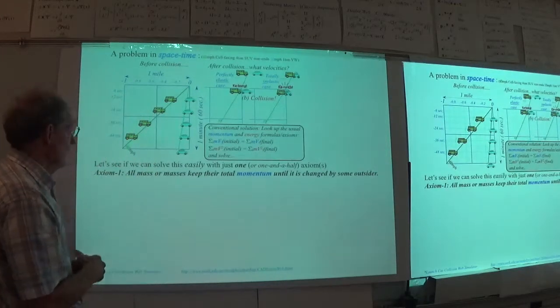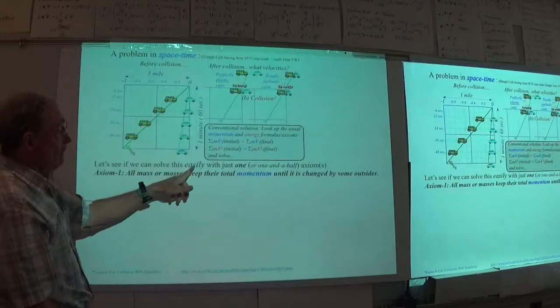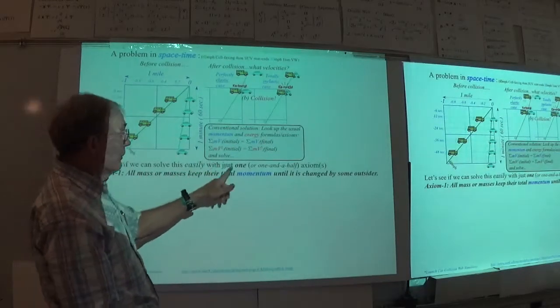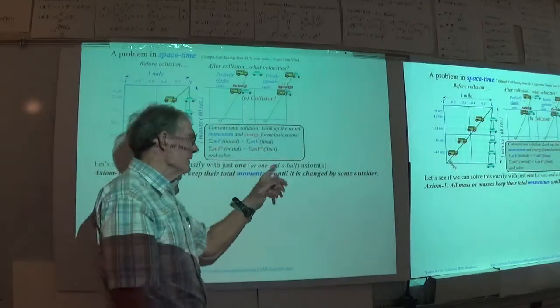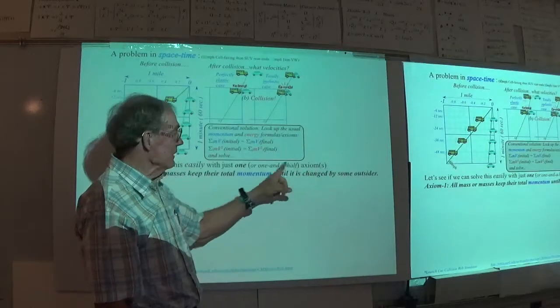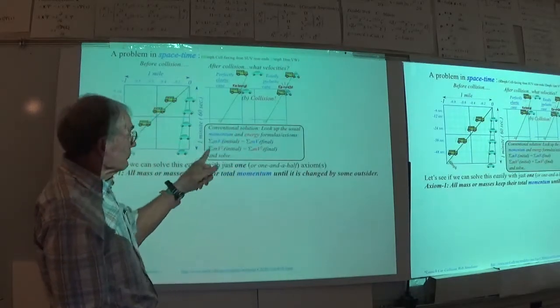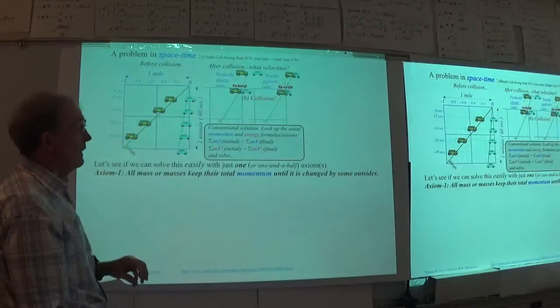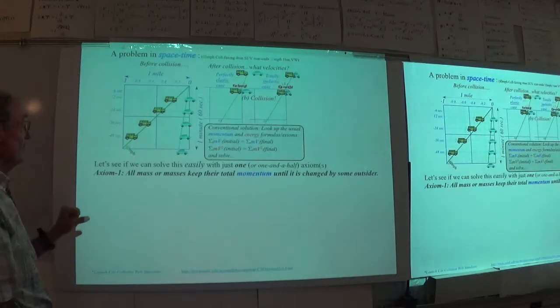What I'm saying here is we're going to see if we can solve this easily with just one, or really 1.5 axioms. So instead of doing that, we're going to derive what energy is in a better way of understanding.